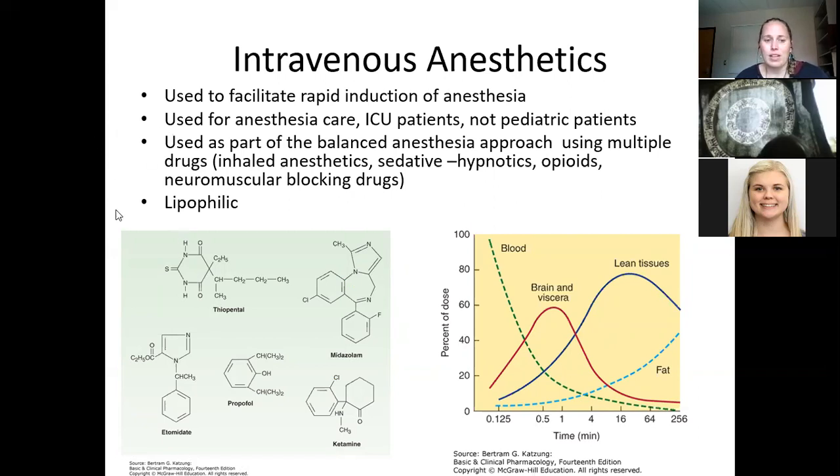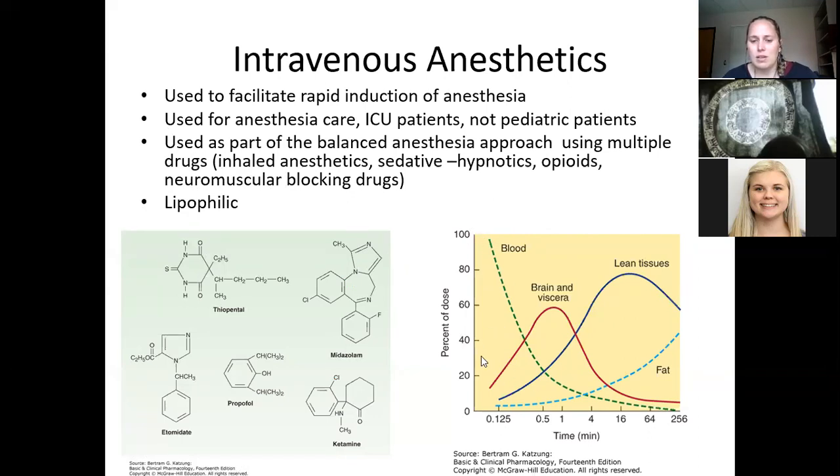I guess it's worth recognizing these structures should hopefully show you that they're lipophilic, and not surprisingly, that's part of why their onset is so rapid, because of that lipophilicity, and they're able to access the central nervous system so quickly. Once they've been administered, here's the distribution into multiple tissues that you can see. Again, your percent of dose is going to be high in the blood.